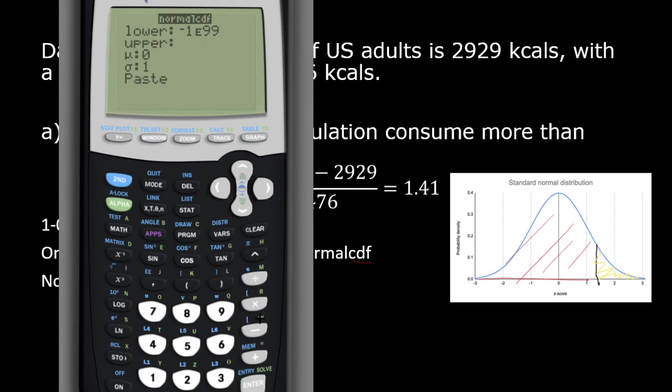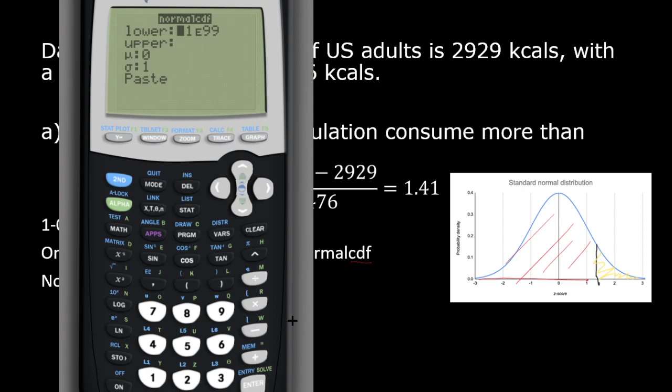menus, and the lower end is, well, the interval starts from negative infinity, and because the TI-84 doesn't have a symbol for negative infinity, this weird number negative 1E99 is just a way to write negative infinity.